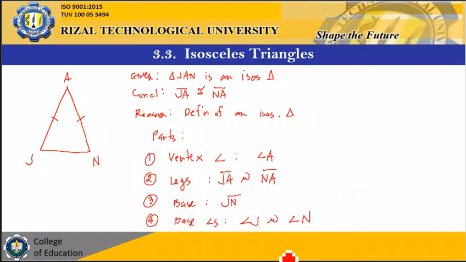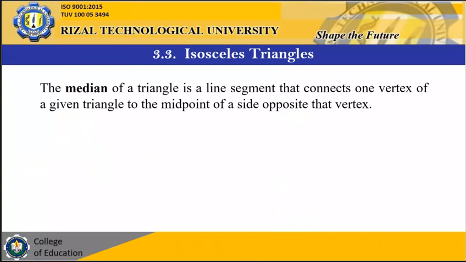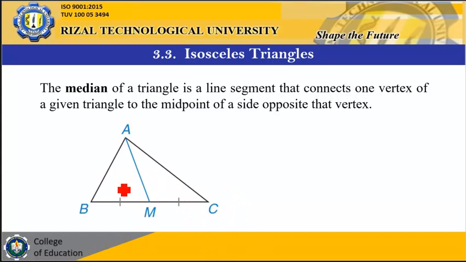Now, let us define some important concepts that will be helpful in proving theorems on isosceles triangles. Let's talk about the median of a triangle. The median of a triangle is a line segment that connects one vertex of a given triangle to the midpoint of the side opposite that vertex.